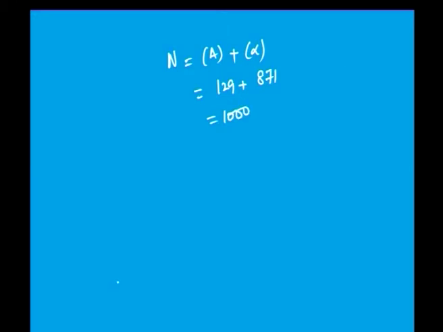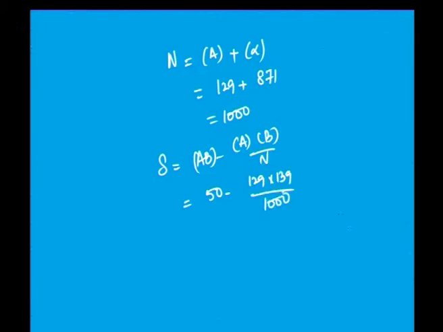Okay. Therefore, we will investigate the delta value. Delta value is equal to AB minus A into B by N. AB value is 50 minus A value 129 times B value 139 by 1000, which is equal to 50 minus 18, which is equal to 32.